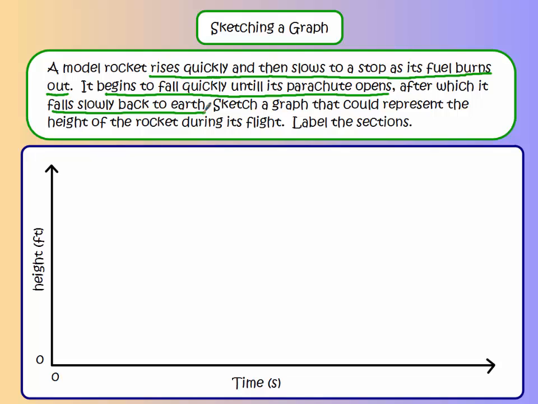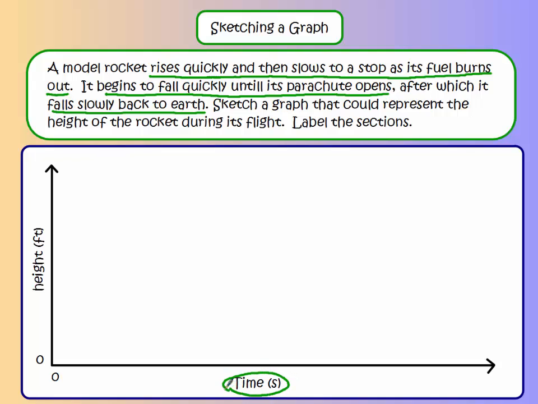So there should be three sections to this graph. There should be the rocket rising quickly. Then as the fuel is burning out, it's starting to fall. And then there should be the slow descent back down to Earth with the parachute. So things to remember down here, I have time.